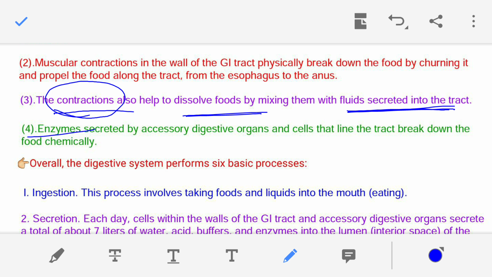Now, what the enzymes are doing. Enzymes are responsible for the breakdown of the food. Let's say, for example, protein.